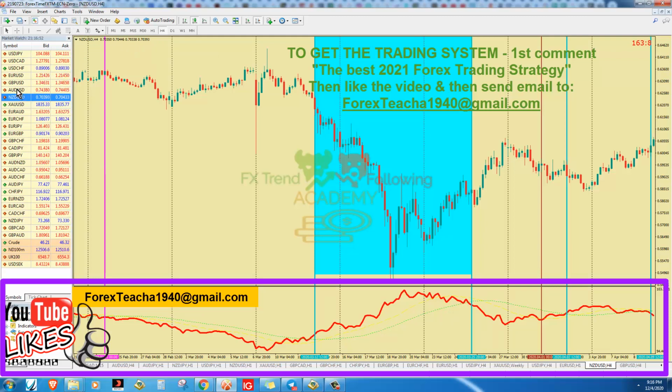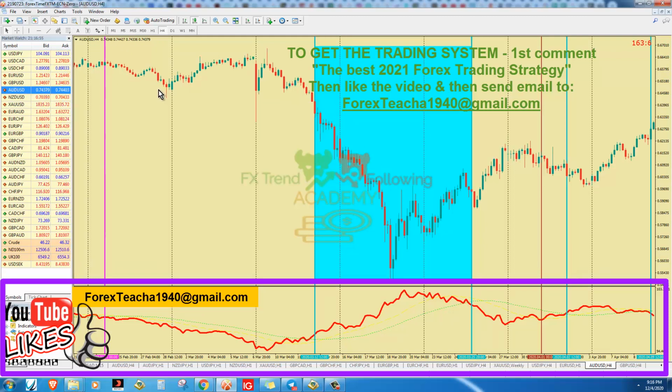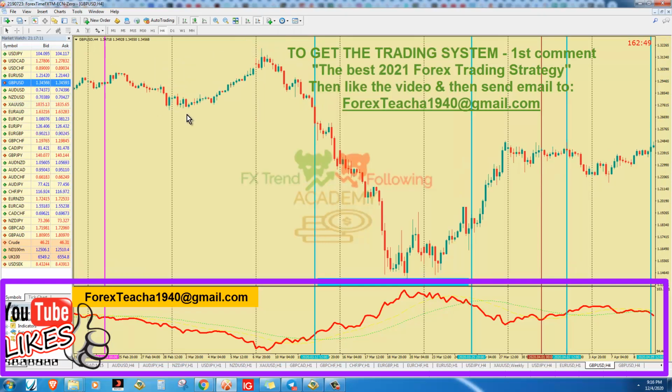So you can also go to other pairs. The same pattern almost happened, but in this case, I think it only went up about 30 pips, and then 70 pips, 80 pips, all right, before it turned back. So we can also go to pound US dollar right here.